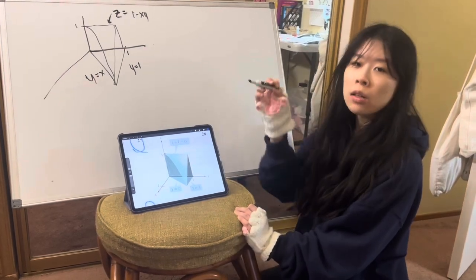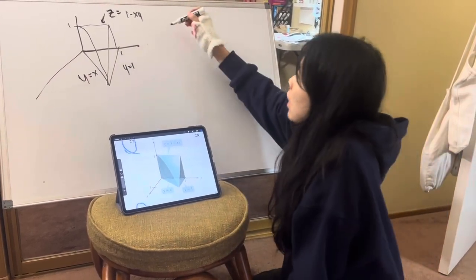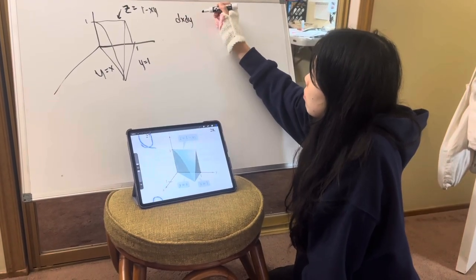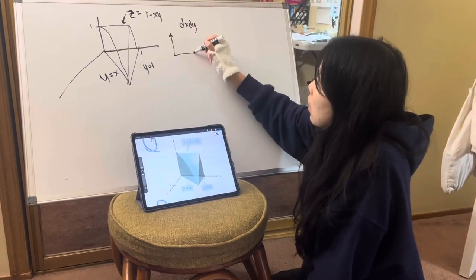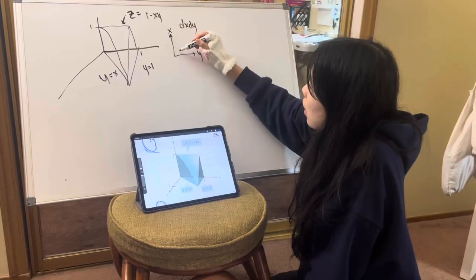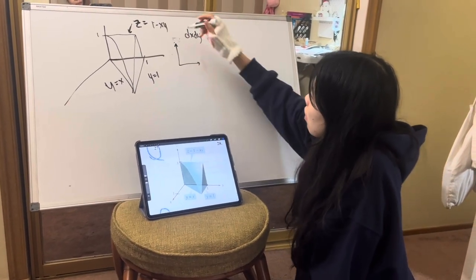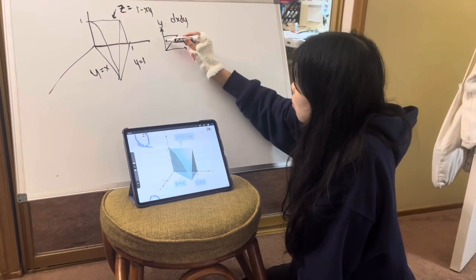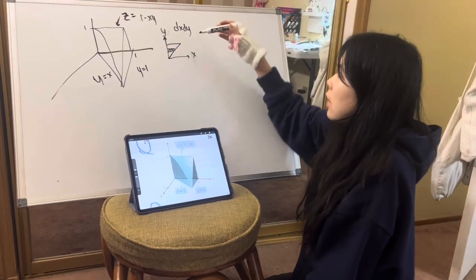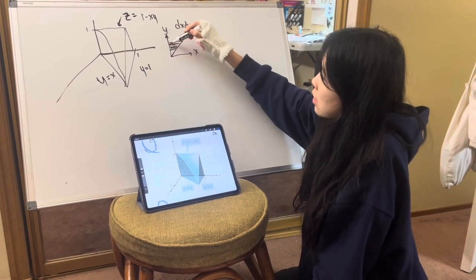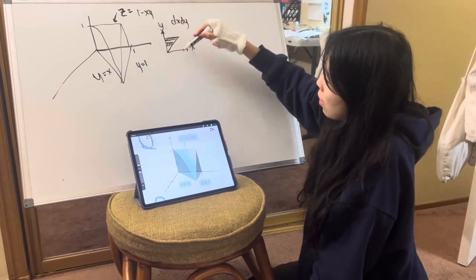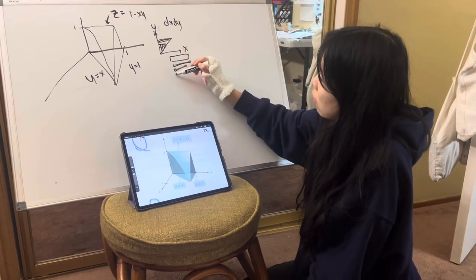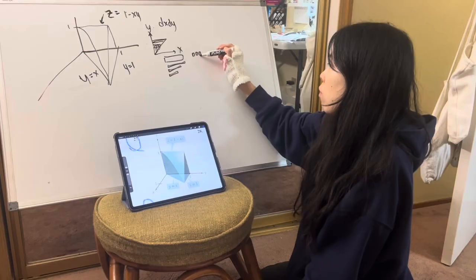To demonstrate the concept of horizontally simple and vertically simple, like visually as a 3D interpretation again, taking the slices, if we have dx dy, which is on the 2D xy cross-section, it would look something like this: first taking the slices this way, getting these little rectangles, and then summing up each slice this way.